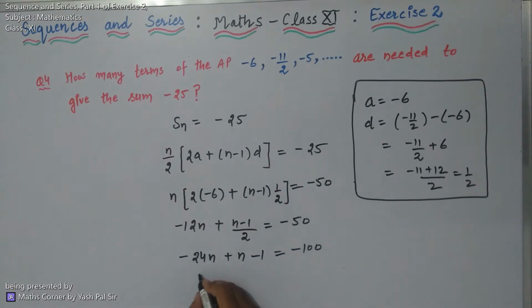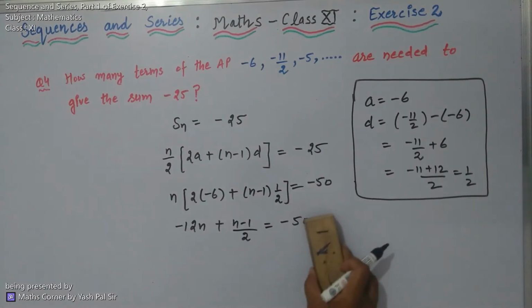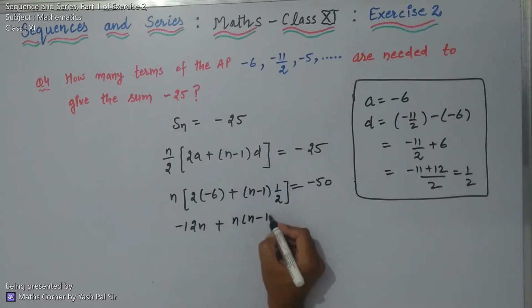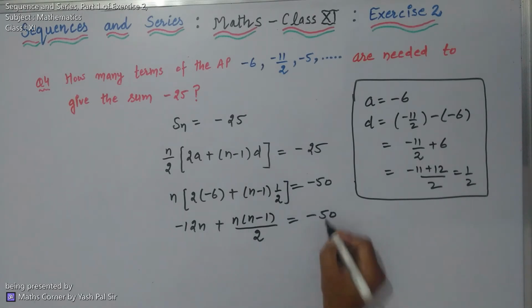This means minus 23n is equal to minus 99. Sorry, here a little mistake is there. This n will be multiplied inside. So we have n into n minus 1 upon 2 is equal to minus 50.